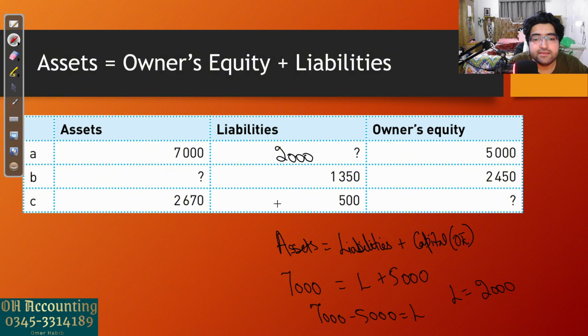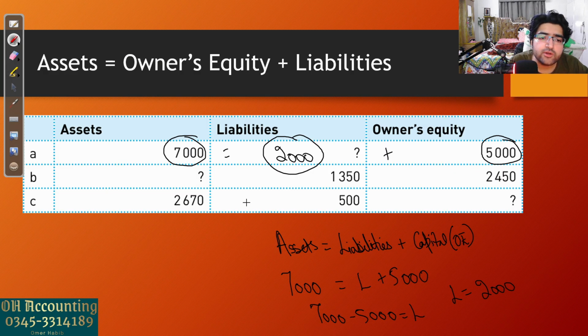Now we can see that assets are worth 7,000, liabilities are worth 2,000, and capital is worth 5,000. So both sides are equal. Assets is equal to liabilities plus owner's equity. And you can also fill in the remaining ones by using the accounting equation. For example, for B, all you have to do is assets is equal to liabilities plus capital. Assets are not given, so leave it like this.